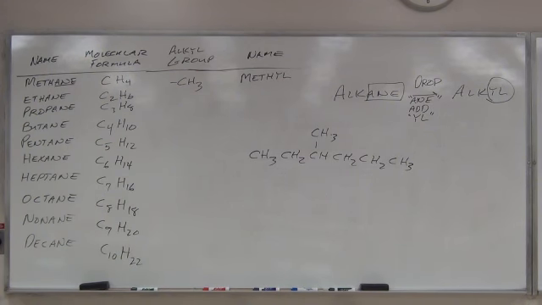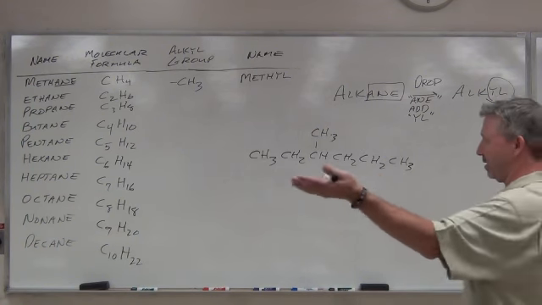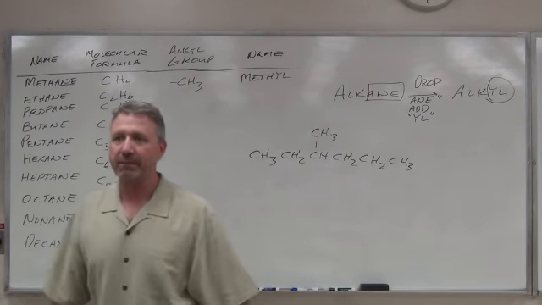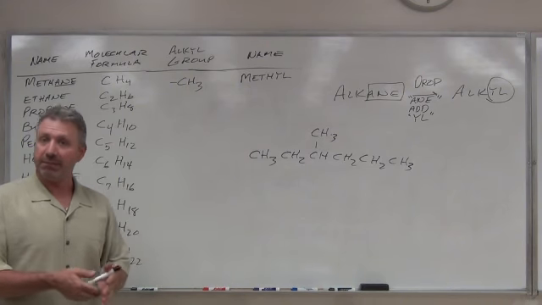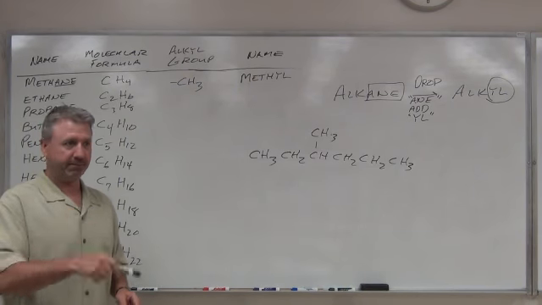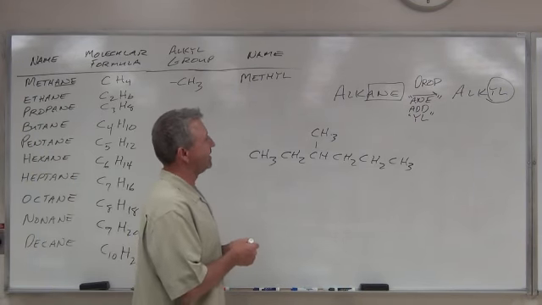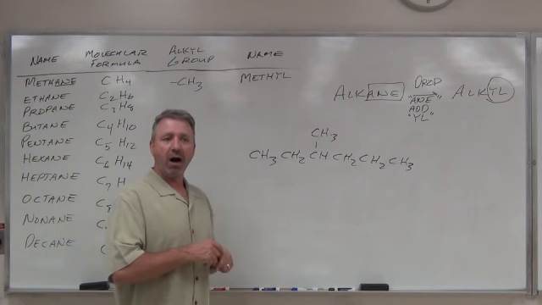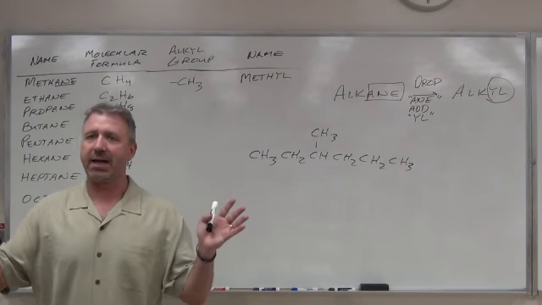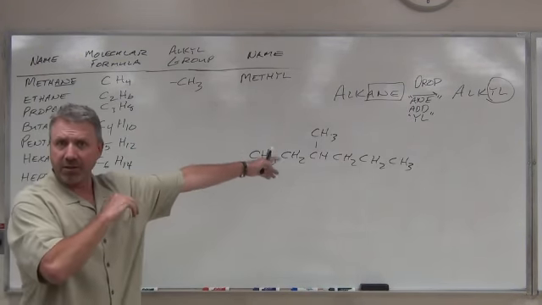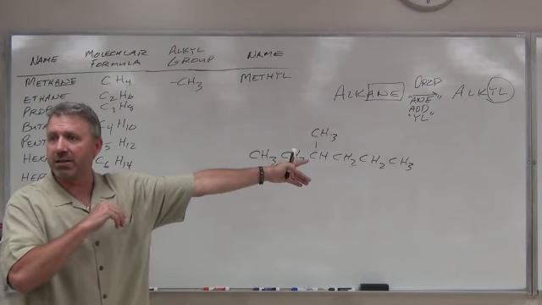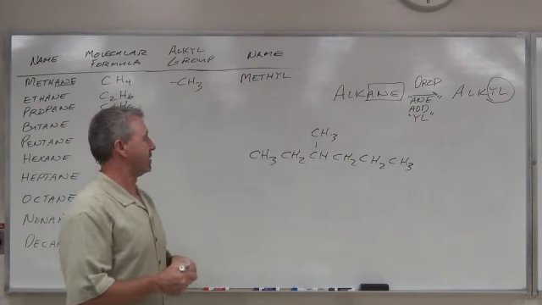Don't believe your lying eyes. Don't just automatically say the longest chain is left to right. It might be, but it might not be. So this is a 6-carbon chain. Other than making sure that once we determine the longest continuous chain, everything else is the same.